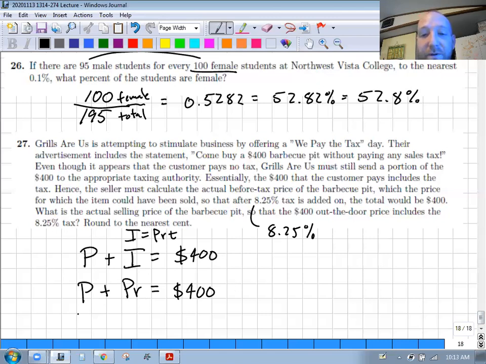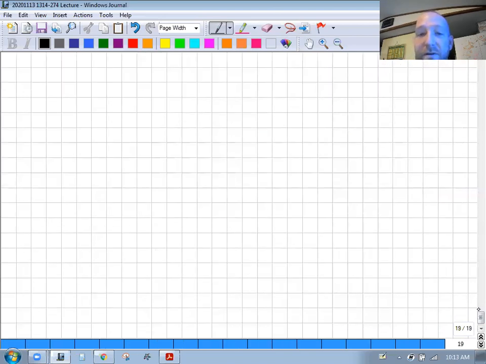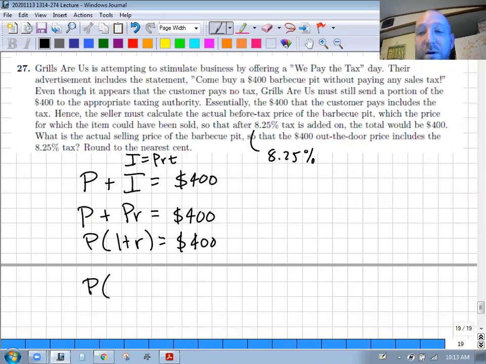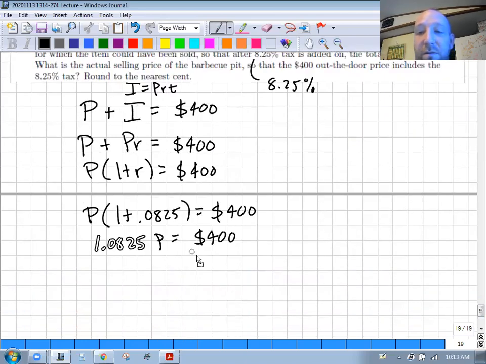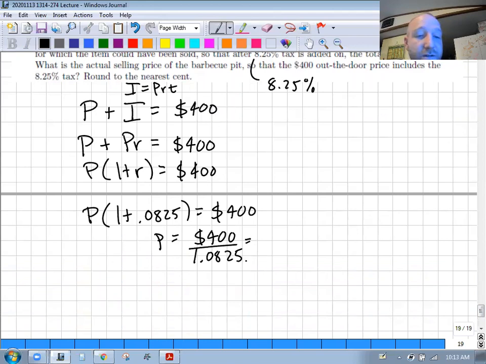So P times 1 plus R has to be 400, factoring the P out here. R here is 0.0825. So 1.0825P equals 400. So P is 400 divided by 1.0825.